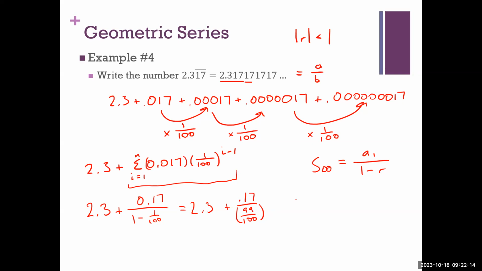So let's start converting these things to fractions. What's a good fraction representation for 2.3? Oh yeah, I missed a zero, thank you. 0.017, thank you. All right, so now we're dealing with the right numbers.